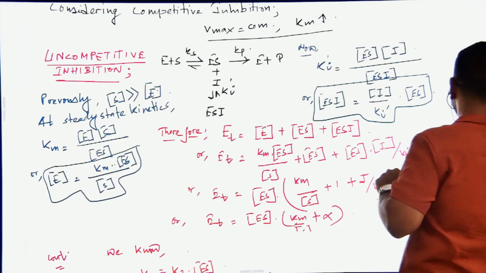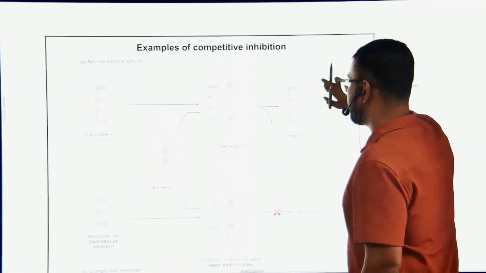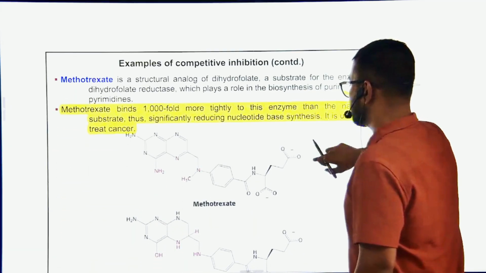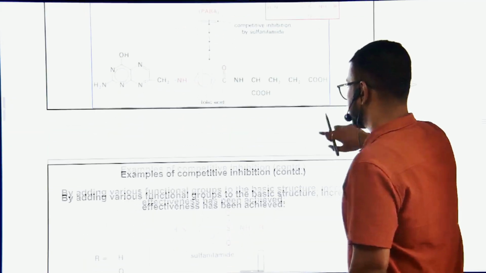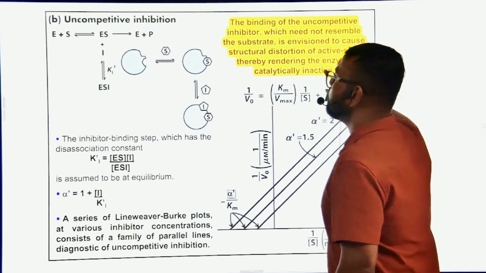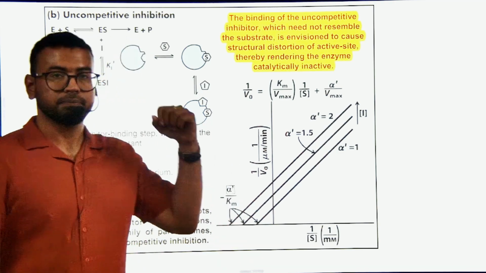Now, our second approach is uncompetitive inhibition.